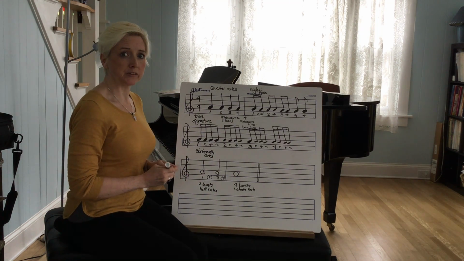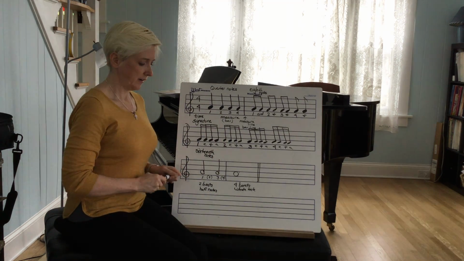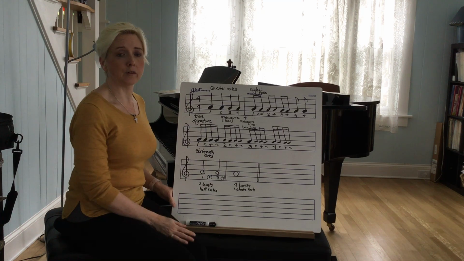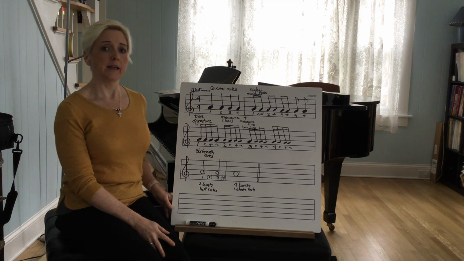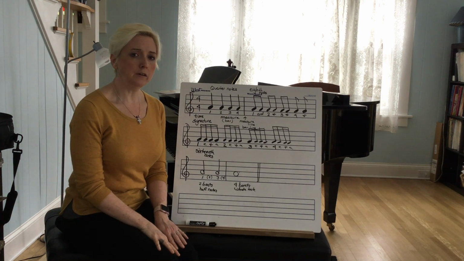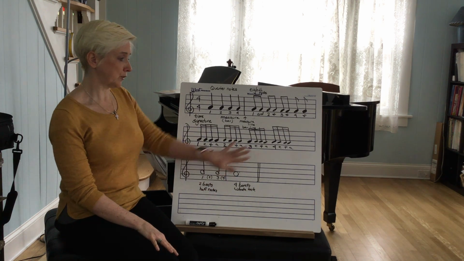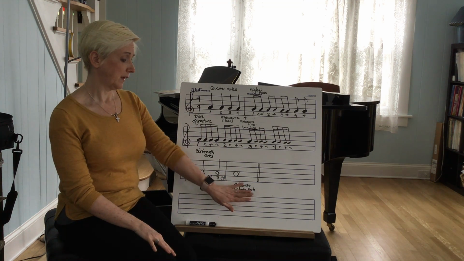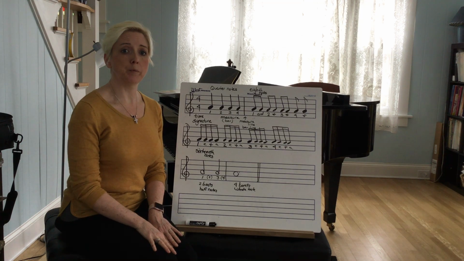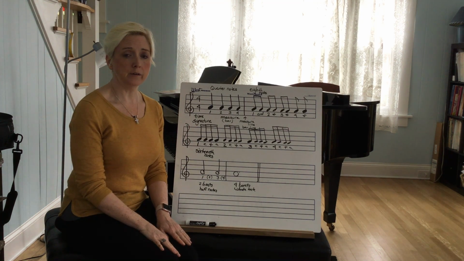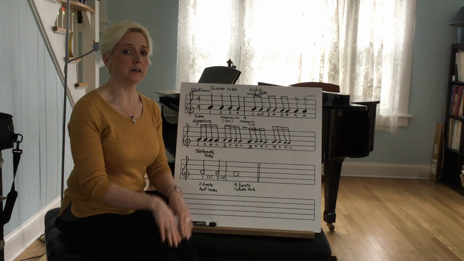So again, there are worksheets on the web page to practice these names and also to practice the rhythms. So let's just hear what they sound like. I'm actually going to go backwards so that you can work from the whole. So the whole note would get 4 beats, 1 note held for 4.